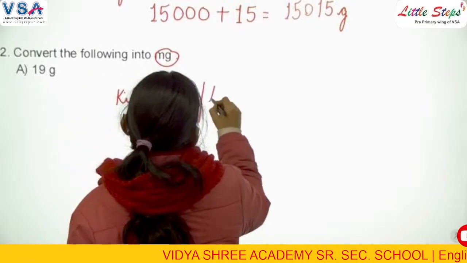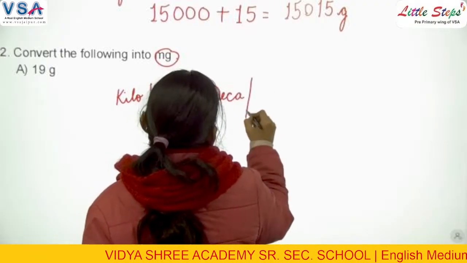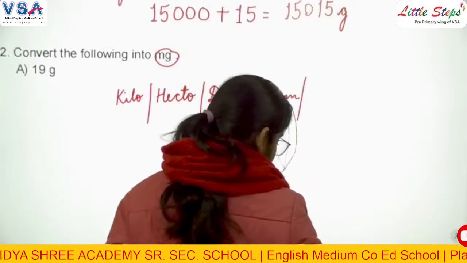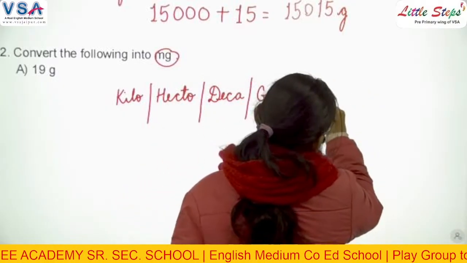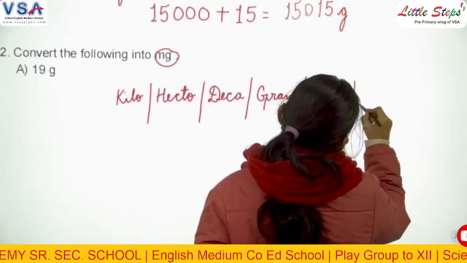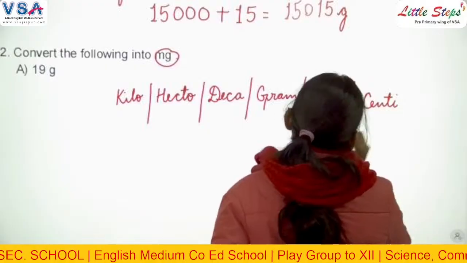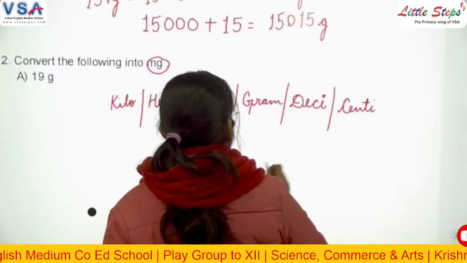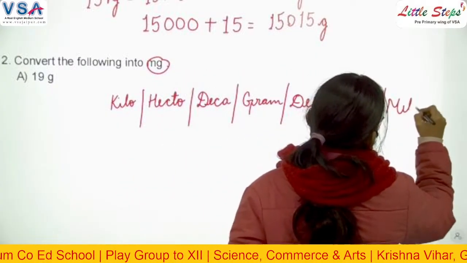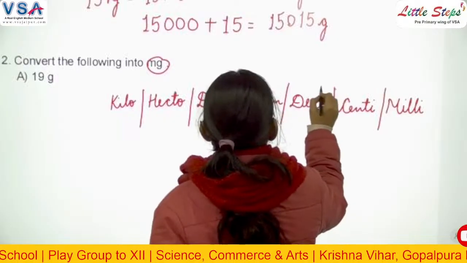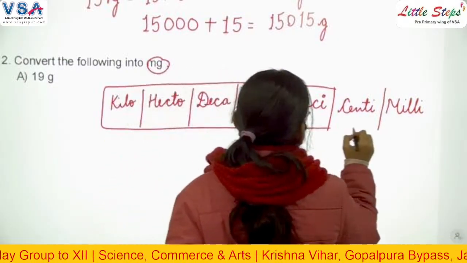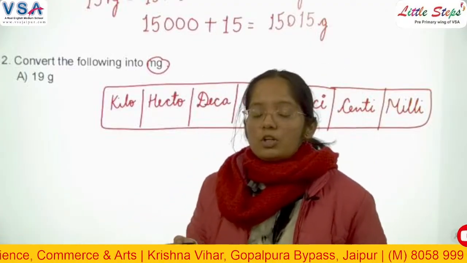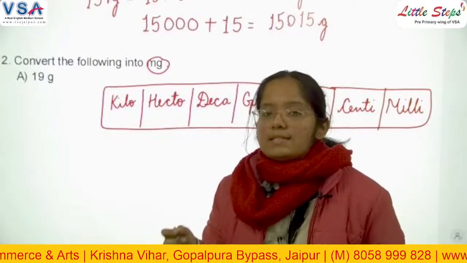Kilo, hecto, deca, gram, deci, centi, milli, right? Sorry, it is kilo, hecto, deca, gram, deci, centi, milli.